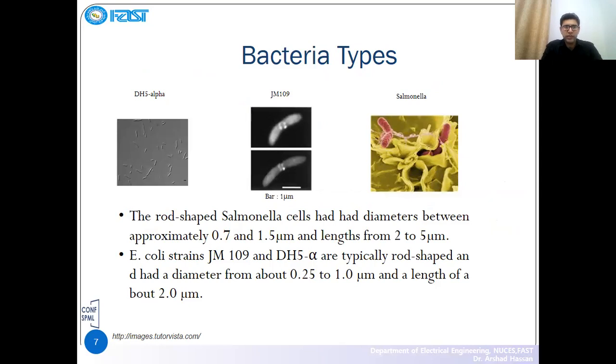The rod-shaped Salmonella had a diameter between 0.7 and 1.5 micrometer and a length of 2 to 5 micrometer. The E. coli strains, JM109 and DH5 alpha, are typically rod-shaped with a diameter of about 0.25 to 1 micrometer and a length of about 2 micrometer.